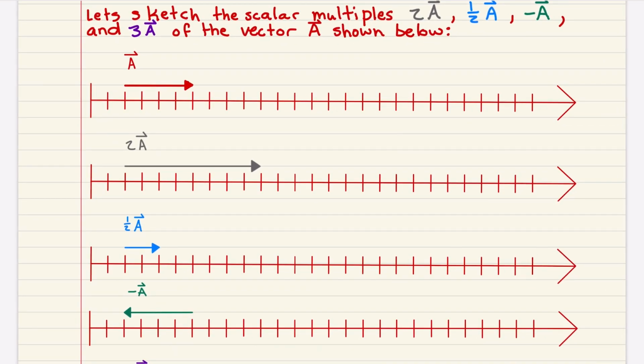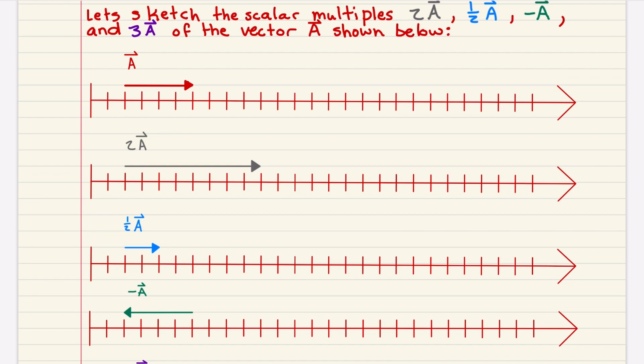Let's say we start with some vector A, and we want to multiply it by some scalar 2. Well, 2 is just a scalar. It doesn't have direction, so when I multiply it by vector A, I'm not going to affect the direction of vector A. All I'm going to do is affect the size of vector A. If I'm multiplying A by a scalar 2, then I'm going to change that size by a multiple of 2, meaning that my new vector is just going to be twice as long as my original vector, but it's going to be in the same direction.